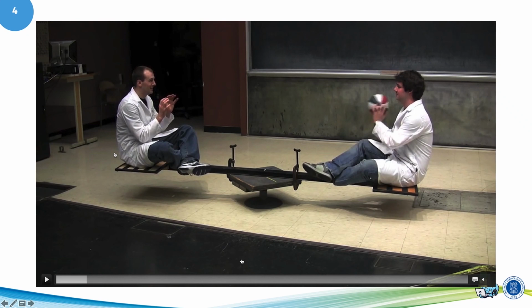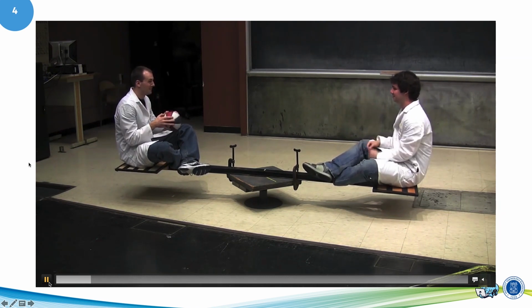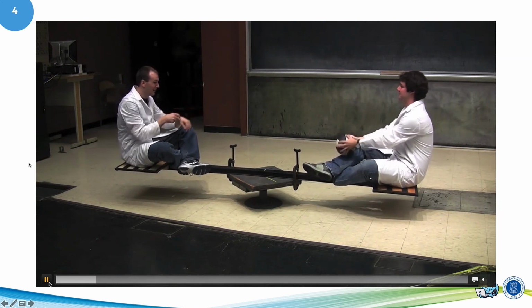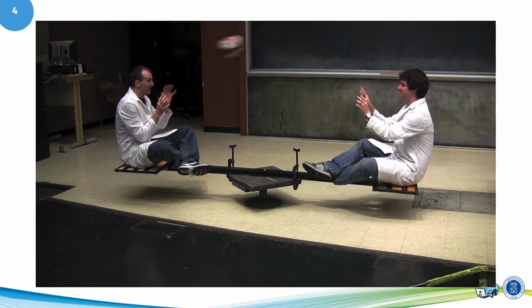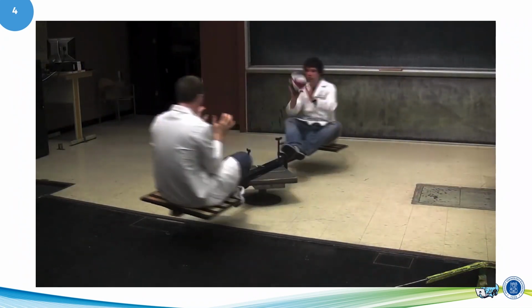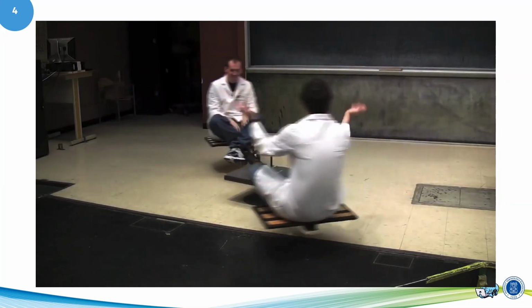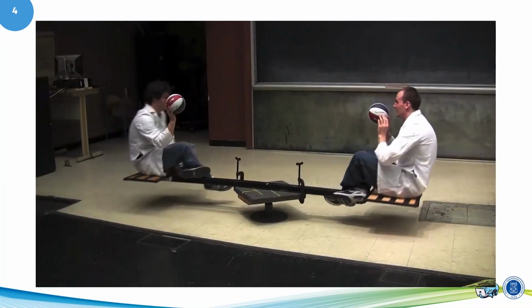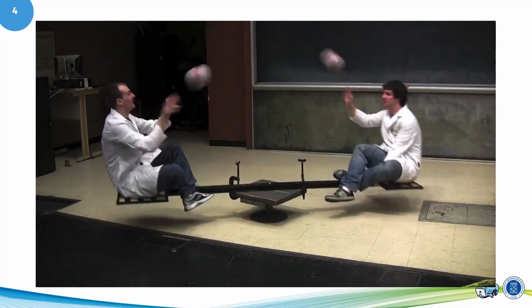Before the platform is rotating and the people throw the ball, it goes in a straight line. Now the platform is rotating and the people in the lab throw the ball, but the ball is shifted.